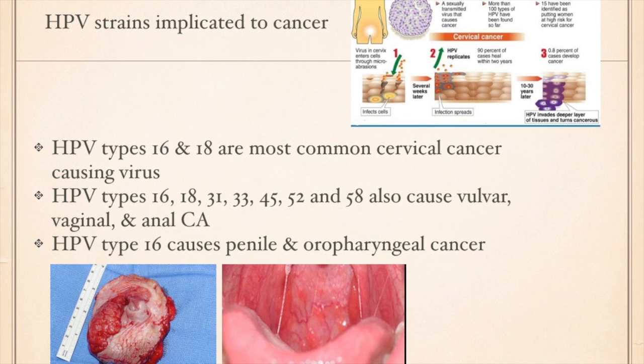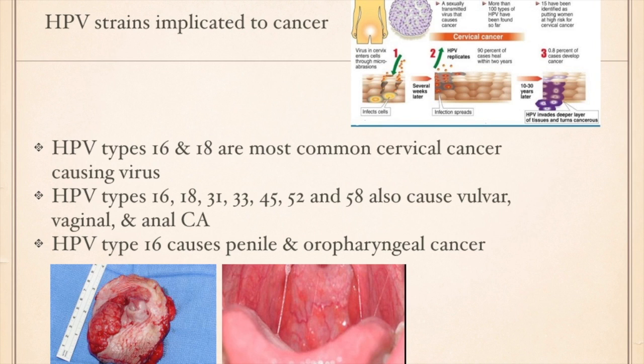When we look at cervical cancer, the human papillomavirus, abbreviated HPV, is strongly implicated. There are a number of strains that have high malignant potential. The HPV type 16 and 18 are the most common cervical cancer-causing viruses.